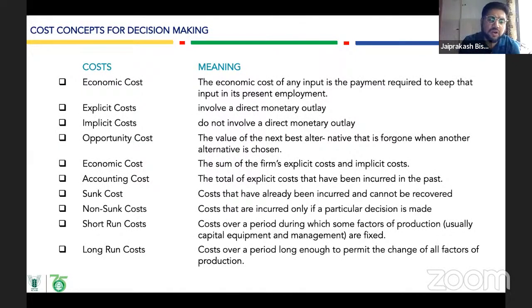Now coming to short run and long run cost. You might be aware of fixed resources and variable resources. When we talk about the variable resources, in the long run all the resources are variable. For example, if we take a decision about cultivating a piece of land over 100 years, or maybe 50 years, there is some possibility that the particular piece of land can be sold back, or redeveloped, or modified.